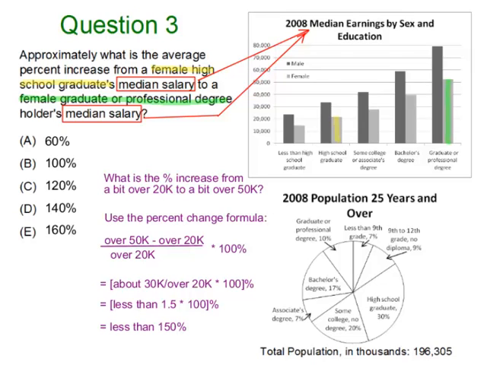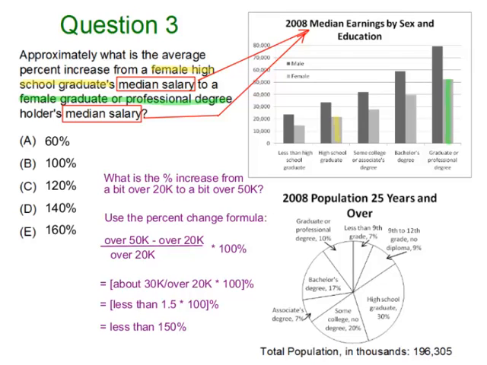We're using the percent change formula. So what is 30K when compared to the original value of a little over 20K? Well, it's a little less than 1.5, and so that means our percent should be a little less than 150. D is the closest answer.